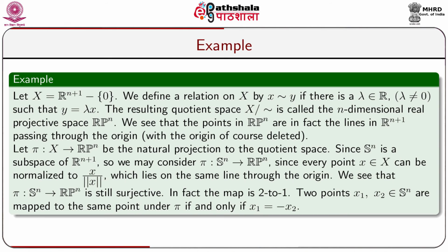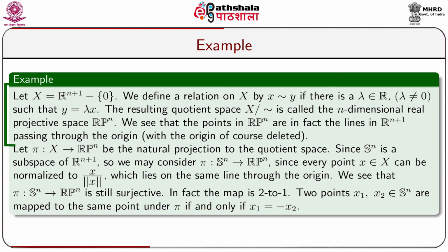We end this section by mentioning an important quotient space which we shall call the real projective space and which will be denoted by RPn. To do this, let us consider the Euclidean space R^(n+1) minus the origin.